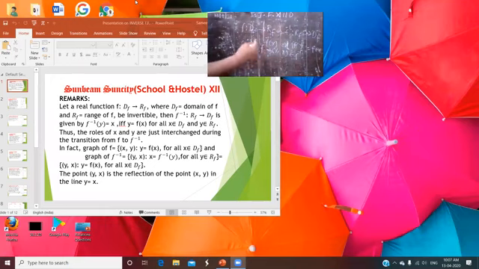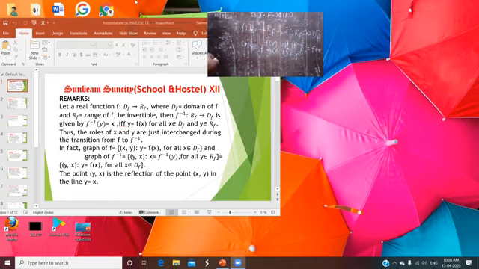To find the graph of the inverse, you only have to change the order, replacing x by y and y by x, so that (y, x) belongs to f inverse. If you interchange the axes, you get the graph of f inverse.